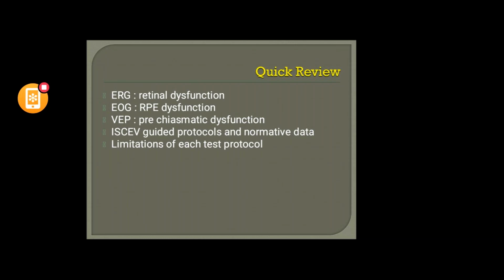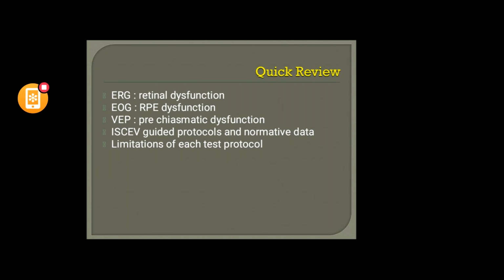The conventional VEP that we usually do, pattern as well as flash, gives us an idea of the prechiasmatic pathway, not the post-chiasmatic pathway. That is pretty important to understand, because the post-chiasmatic pathway can be well understood with the help of sweep VEP, not the regular VEP that we usually conduct.